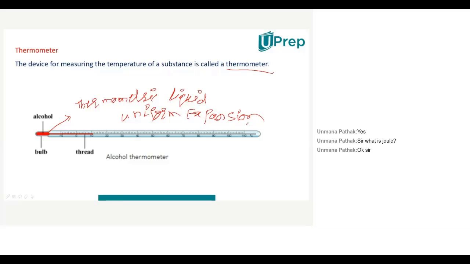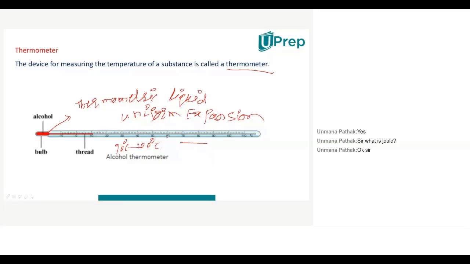Suppose I made one object touch here, which is at 100 degrees Celsius, and before that, one object touching this alcohol thermometer was at 90 degrees Celsius. So when the temperature changes from 90 to 100 degrees, how much will this alcohol expand? Already you know that whenever we heat any substance, it will expand.